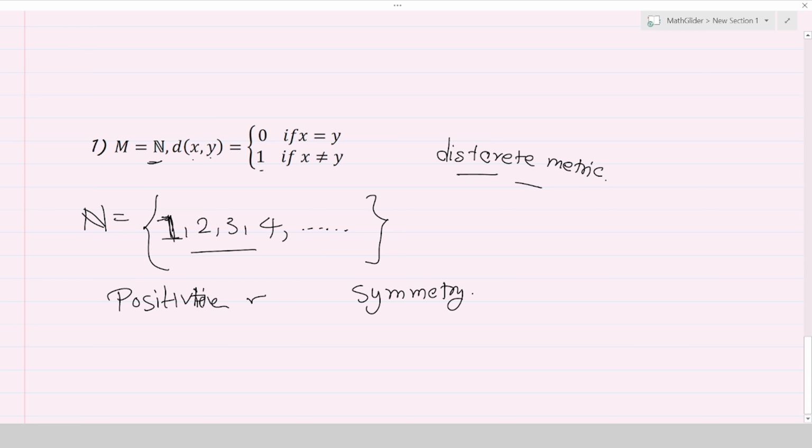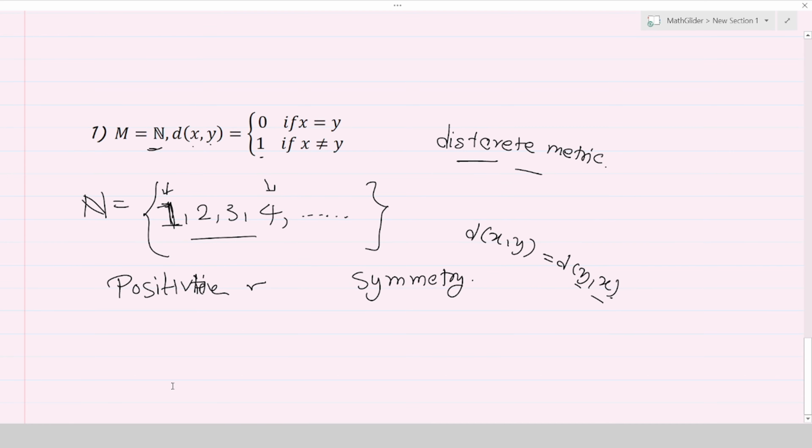Symmetry it satisfies because, for example, the distance between 1 and 4 is 1 and 4 and 1 is 1. So if we take distance between any 2 points, the distance between x and y is the same as the distance between y and x. So it satisfies the symmetry also.